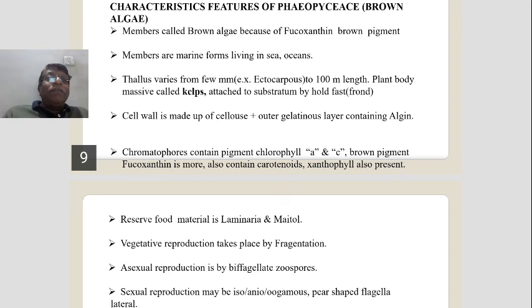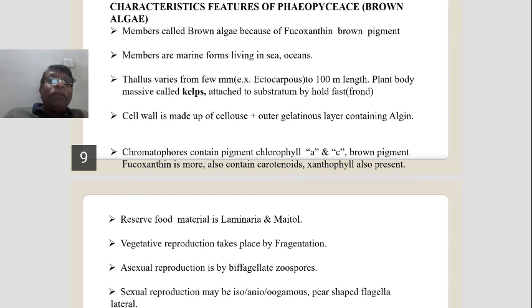Now we shall see the structures, characteristics. The members of the class Phaeophyceae are commonly known as brown algae because of the fucoxanthin pigment. The other pigments, the chlorophyll pigments, are also there. But the amount of fucoxanthin is more, hence they appear brown.